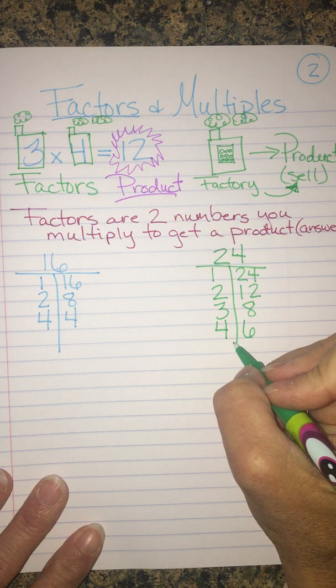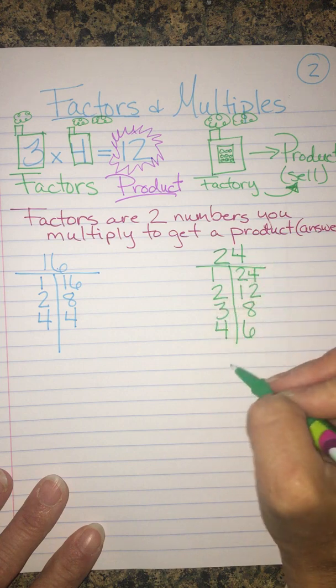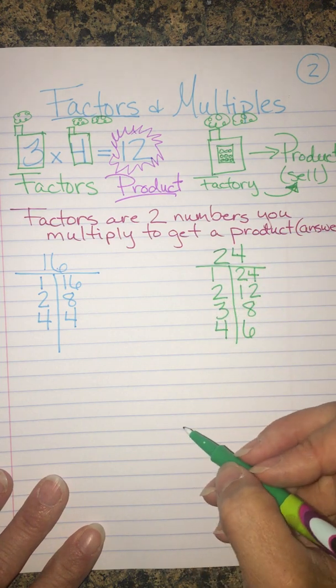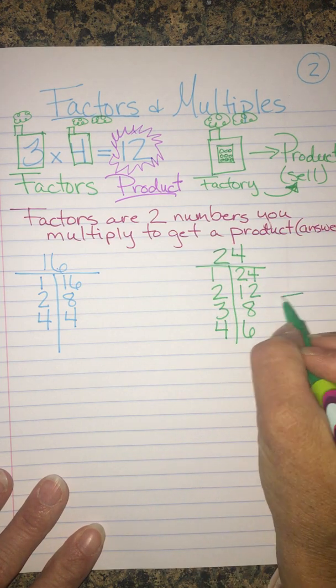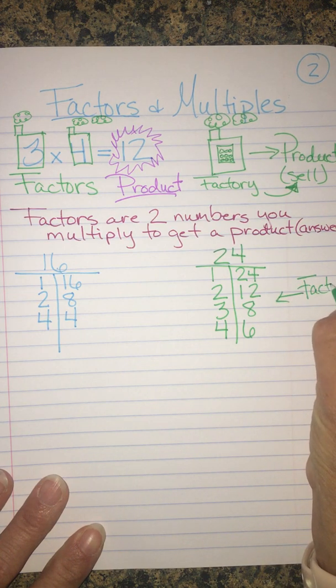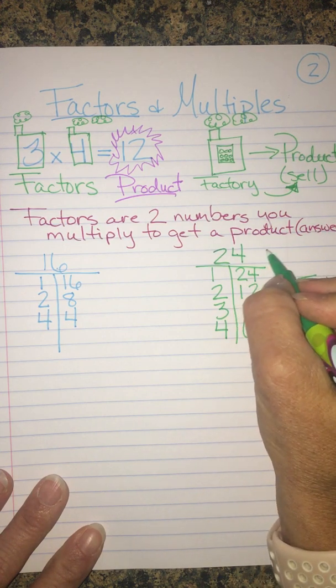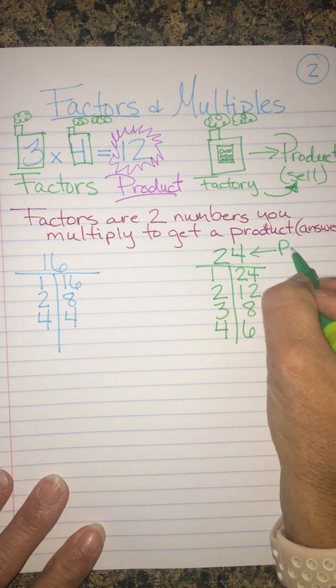And then from here, 5, 6, 7, 8, 9, I'm not going to find anything that works here with 24, so I'm done. So these are your factors. And it's really important you know all these words, especially for when you go to middle school. And this is your product.